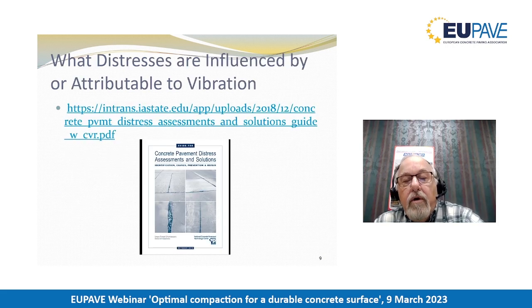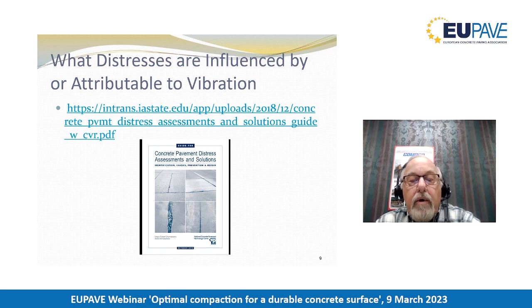This book was published several years ago, and if you don't have a copy of it, I would highly recommend that you click on this link and download a copy. It is multi-hundreds of pages long, and I wrote several chapters of it, so I can tell you what is involved.